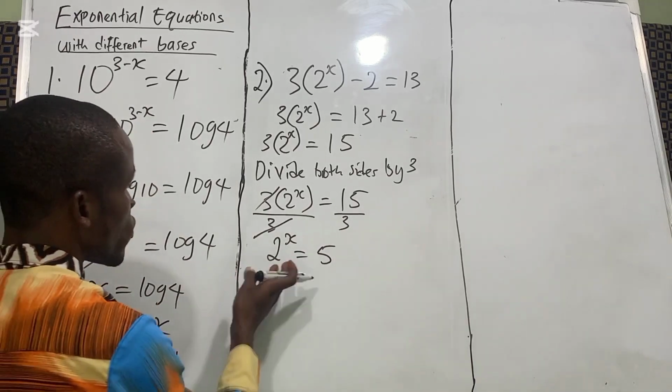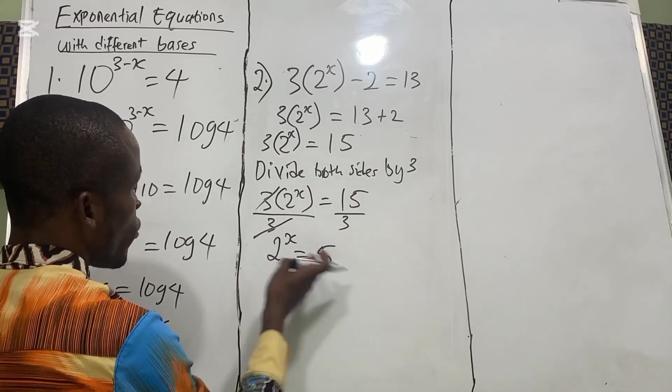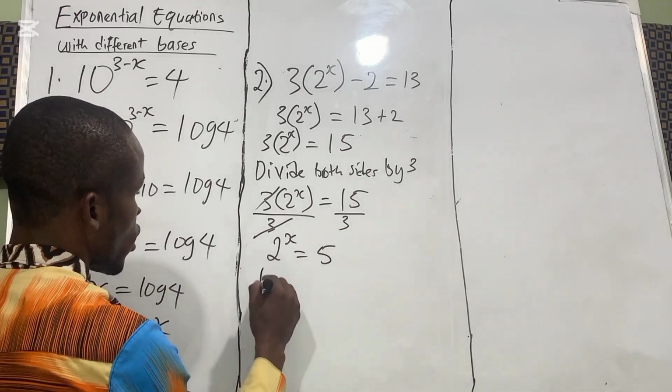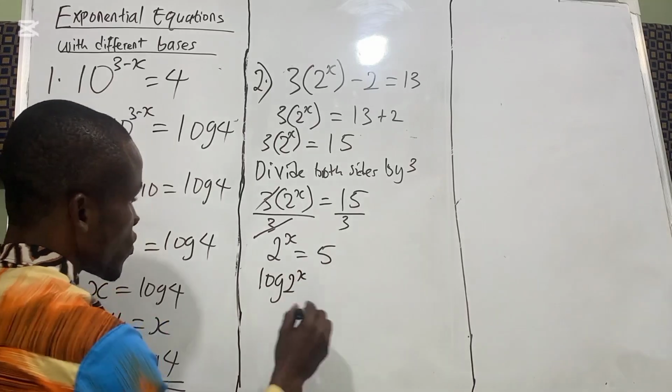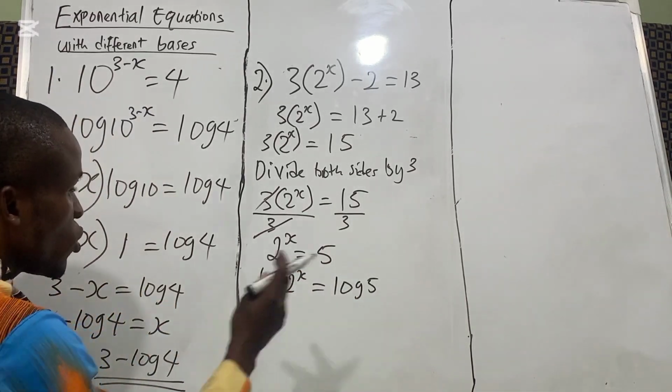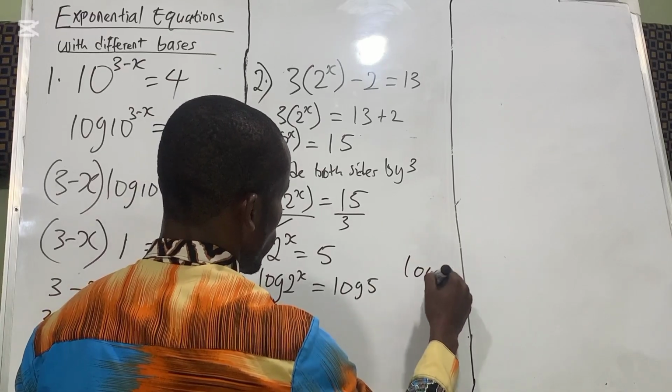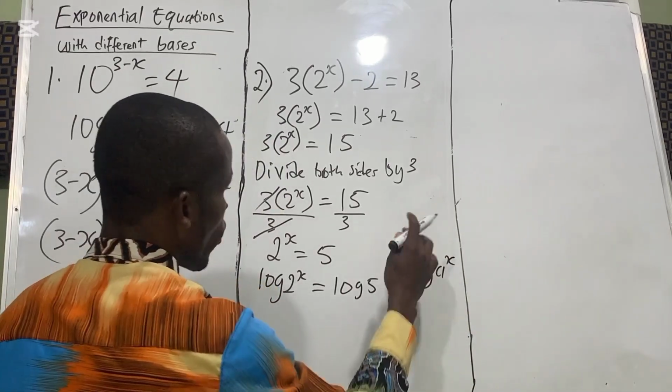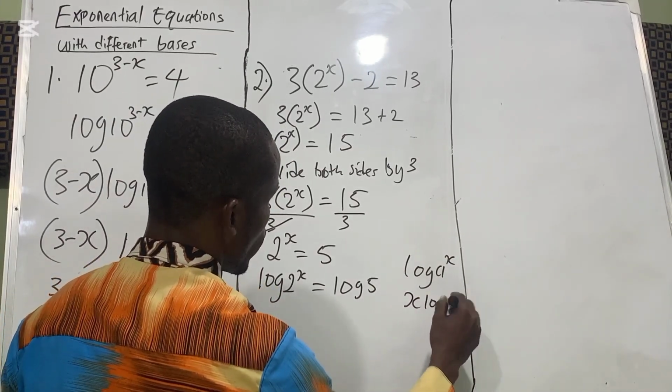Rather, we take the log of both sides. So that becomes log 2 to the power of x equals log 5. At this point, we know that log a to the power of x can also be written as x log a.